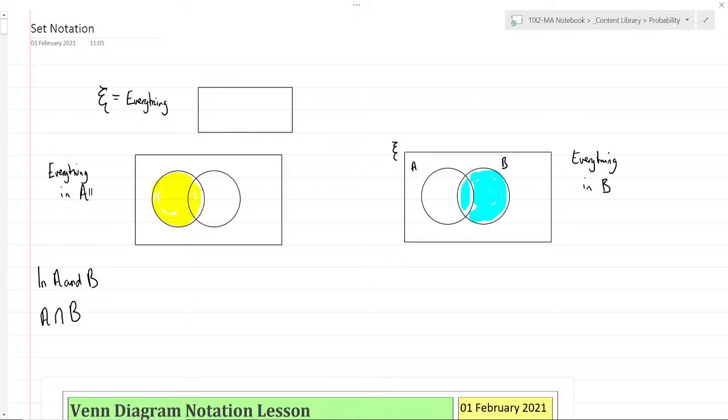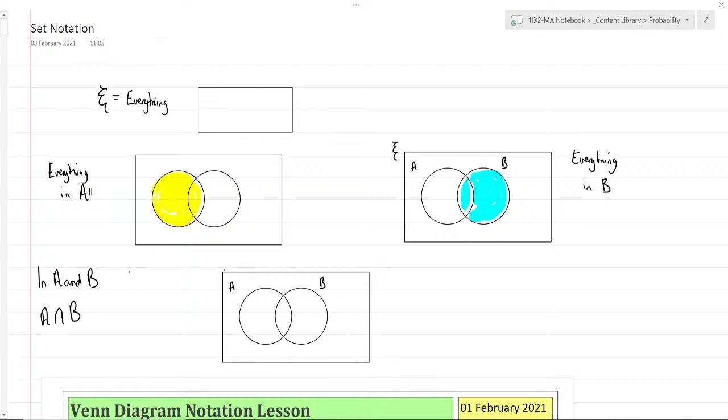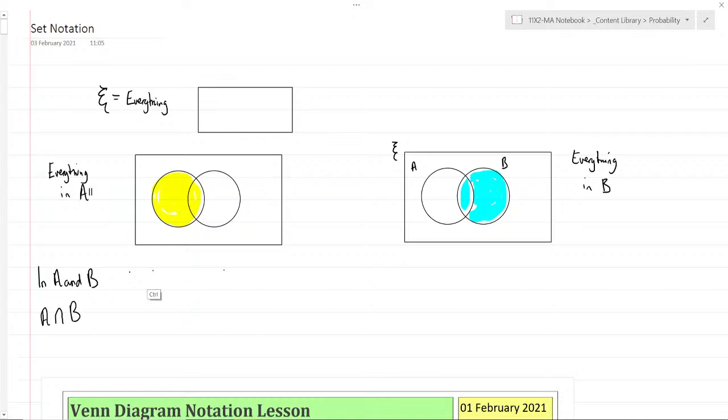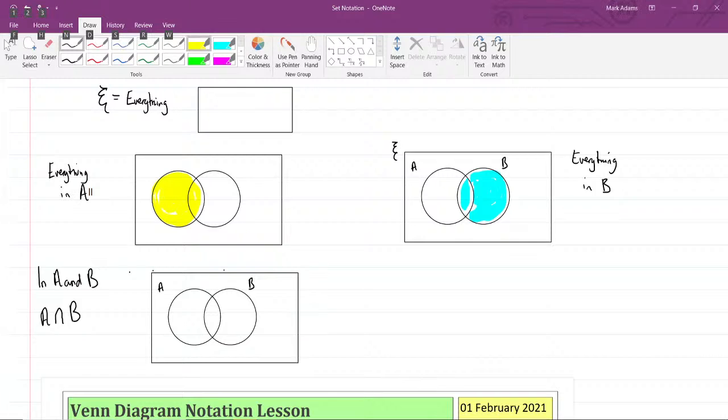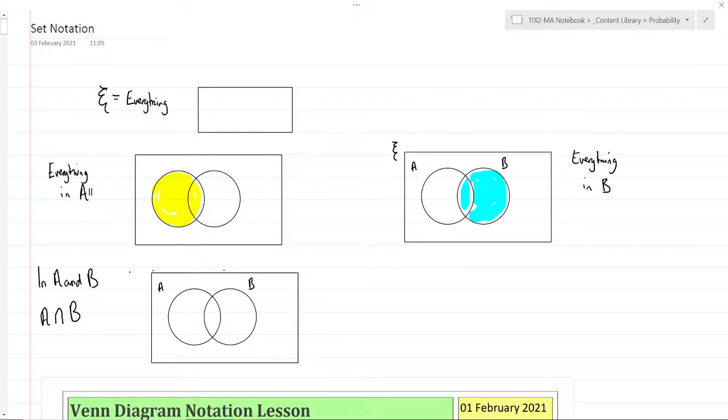A and B. If I'm going to draw this, then it needs to be everything which is in A and B, which is just this middle bit here.